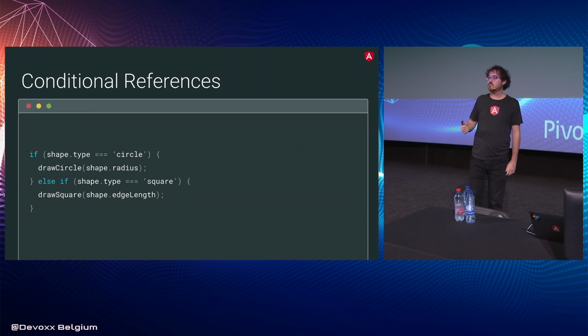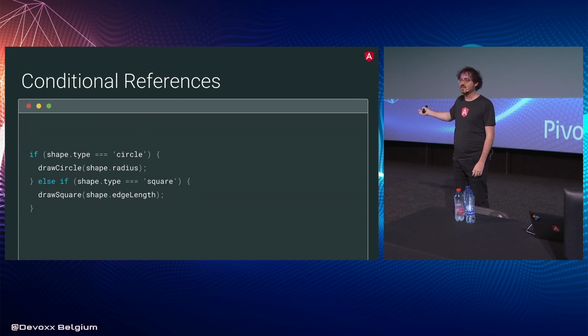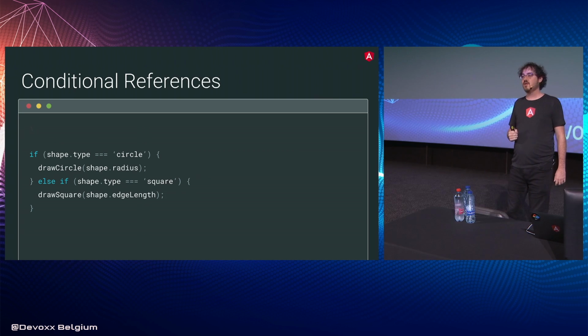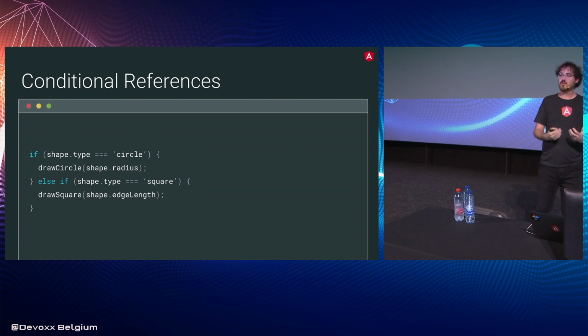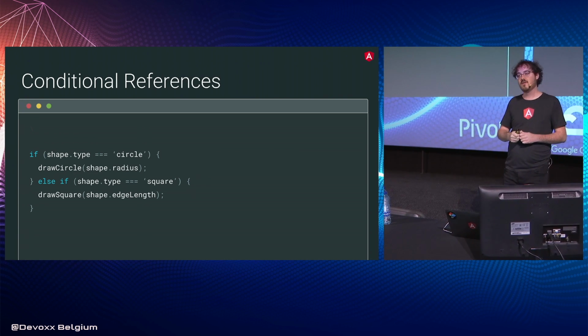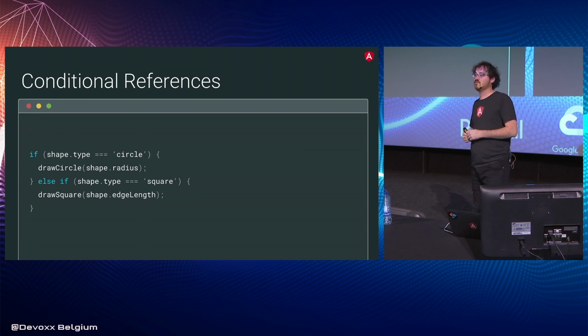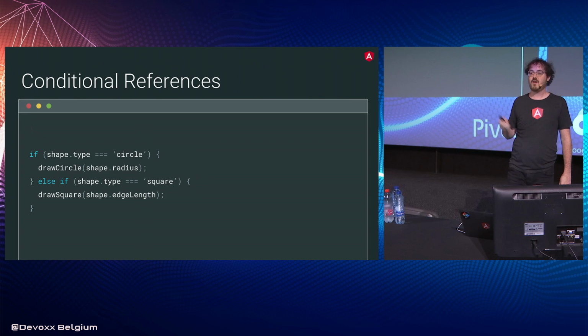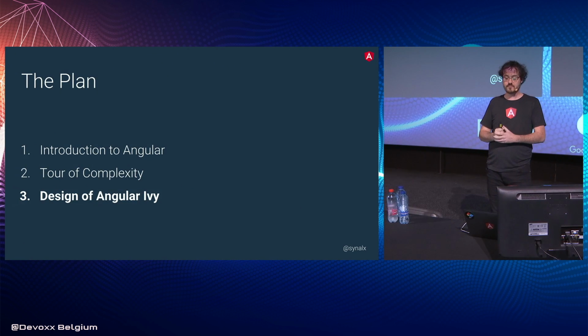It has to assume that either of these branches is valid at runtime. And so it has to retain them both and retain the drawCircle function as a result. So the circle functionality will never be removable from our library if we write our code like this. And there are a few other patterns that come up that defeat tree shaking, but this is the one that I find is most common.